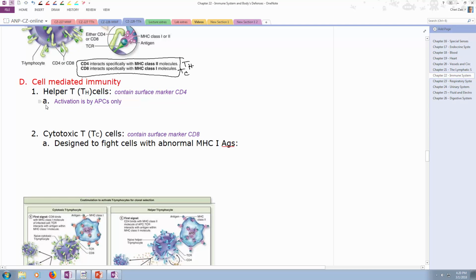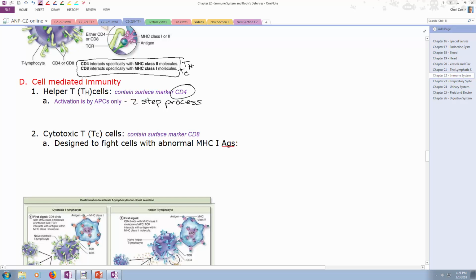Cell-mediated immunity involves T cells, which is what we've been talking about so far. When we talk about helper cells, the surface marker is CD4. Activation of these cells is by APCs only. This is a two-step process.